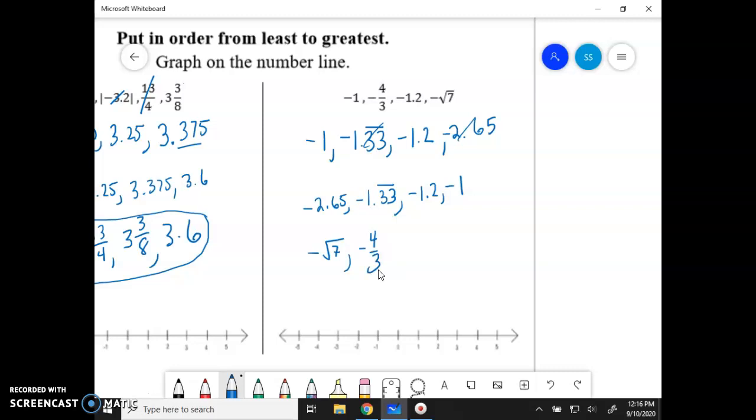And then negative 1.2, and that was already a decimal, so that's perfect as is. And negative 1 was just negative 1. So there we go. I know it's a lot of steps, but if you take your time with it, I promise it will not be as bad as it might look at first. So just remember, first convert everything to a decimal, then line it up from least to greatest, and then convert it back to its original form.